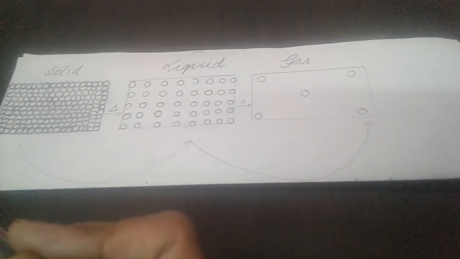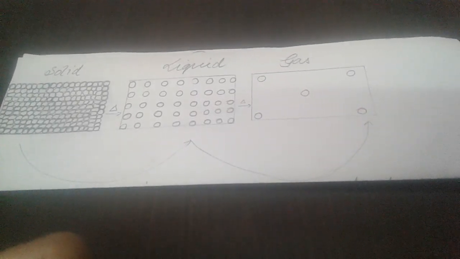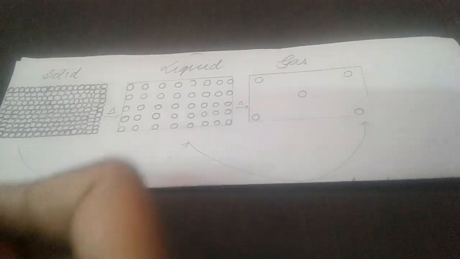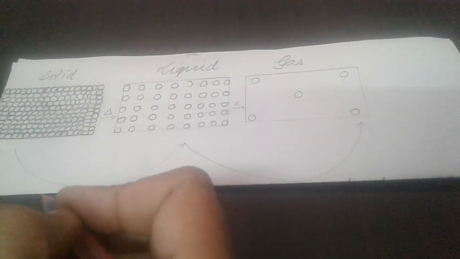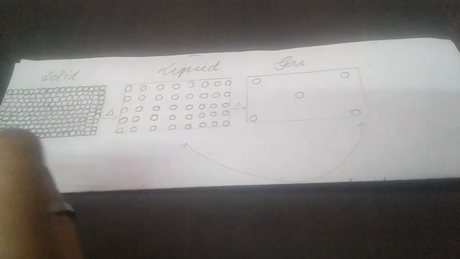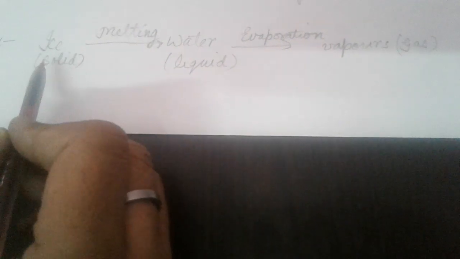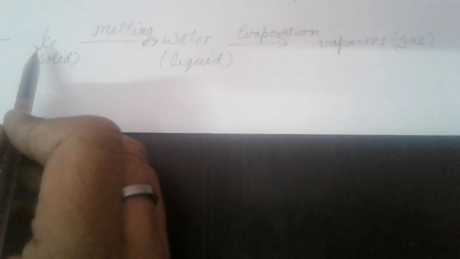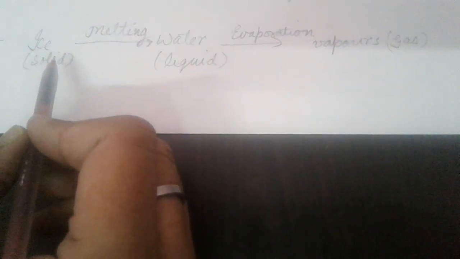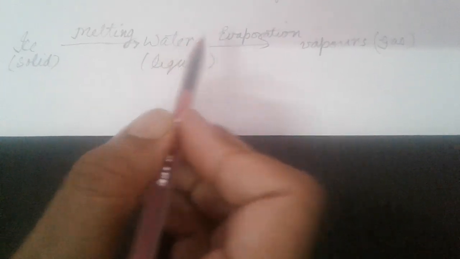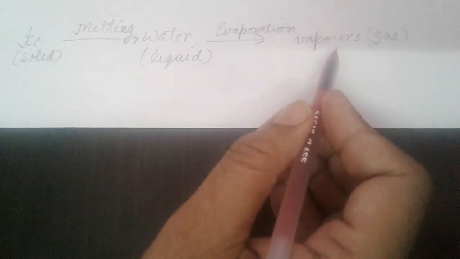If intermolecular space decreases, then intermolecular force of attraction increases. Now you see, when the temperature increases, ice changes into water, and when water is heated, it changes into vapors.